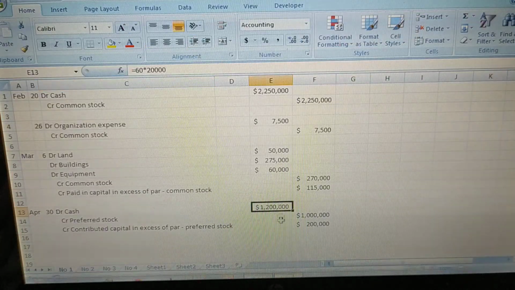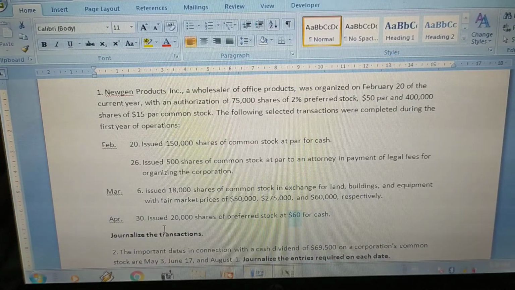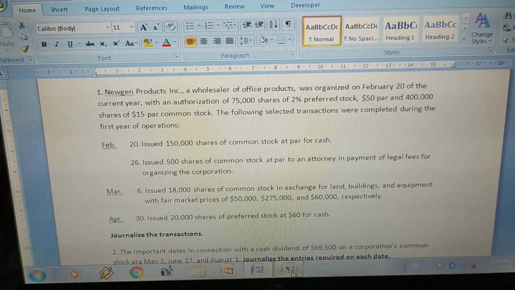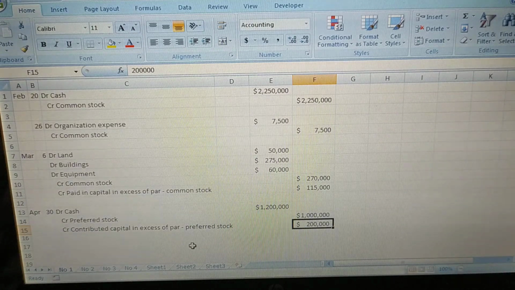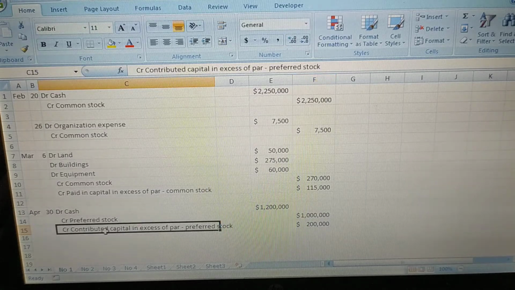So we get $1,200,000. Then for preferred stock, we always take the shares times the par value. So we get 1 million. And then the excess is the contributed capital in excess of par preferred stock. So it can also be paid-in capital in excess of par.